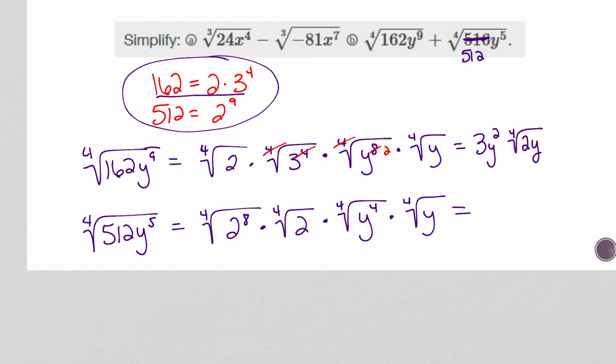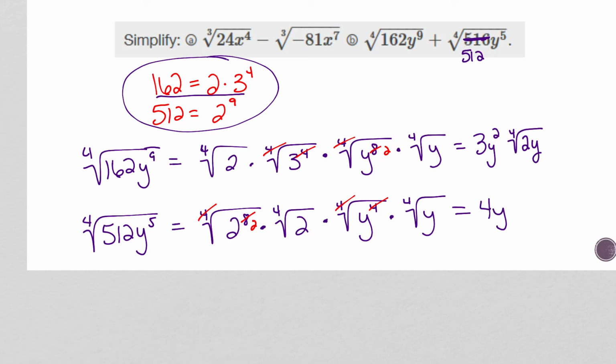All right, so I can take the fourth root of that, which is going to be 2, and I can take the fourth root of that. So that leaves me with, on the outside, 2 squared, which is 4. And then I have a y on the outside.